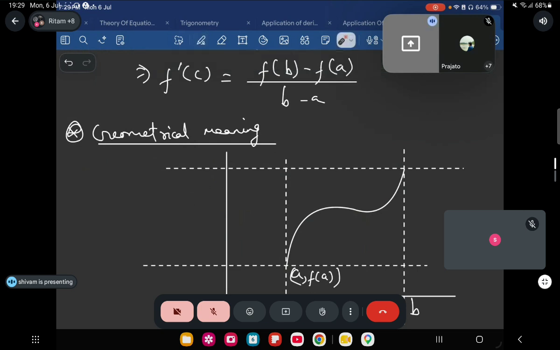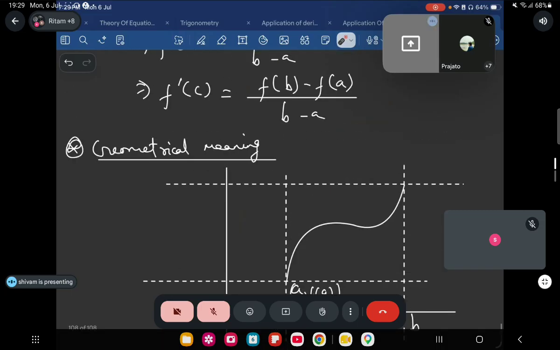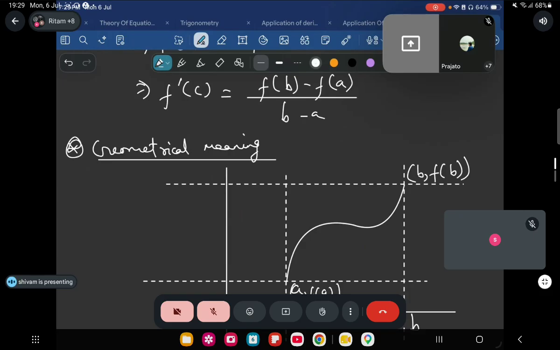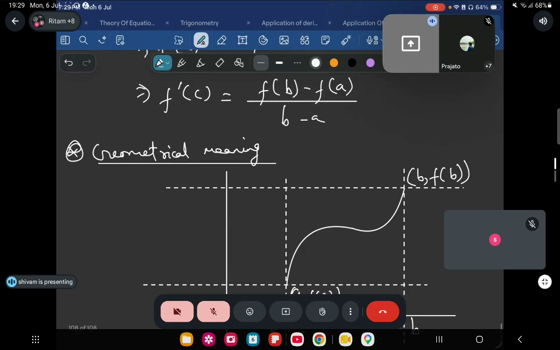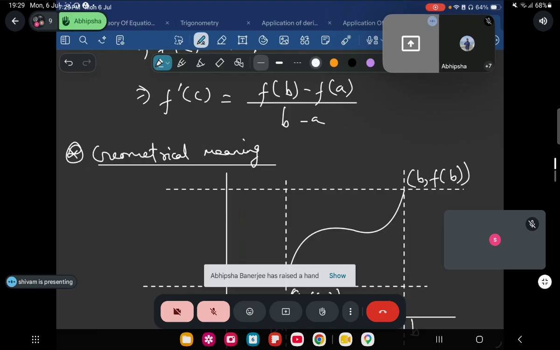Achha, what does it represent, everyone? f of B minus f of A upon B minus A. What does it represent? Can anyone tell me? Raise your hand. What does f of B minus f of A upon B minus A represent over here?